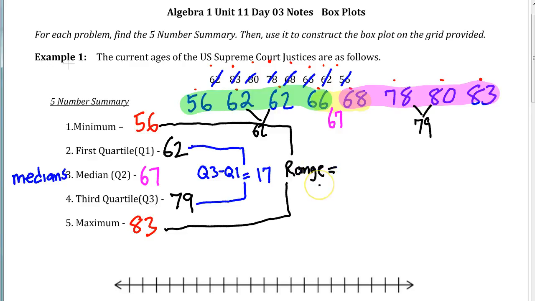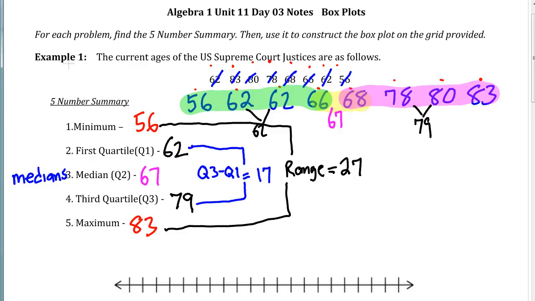How far is it from 56 to 83? It's 27. How far is 62 from 79? It's 17. Okay. So those are the other values that you'll be graphing, so to speak, and I'll show you right now.